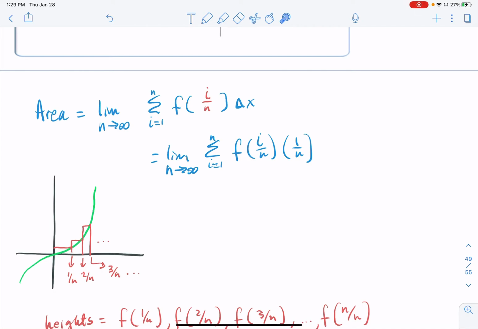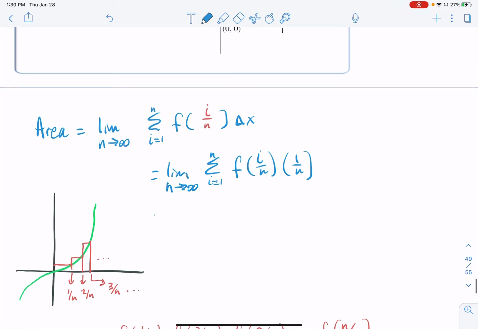Why is that? Because n is a constant as far as the summation is concerned, but it is a variable as far as the limit is concerned. So I will rewrite this as the limit as n goes to infinity, bring out the 1 over n, times the summation from i equals 1 to n.